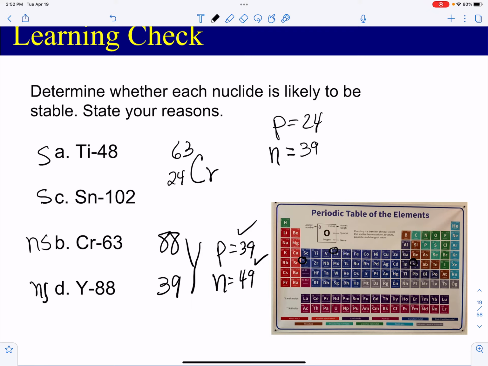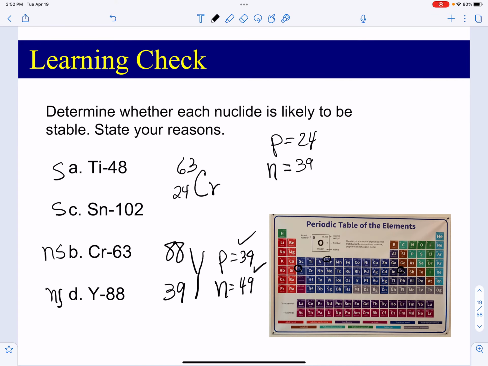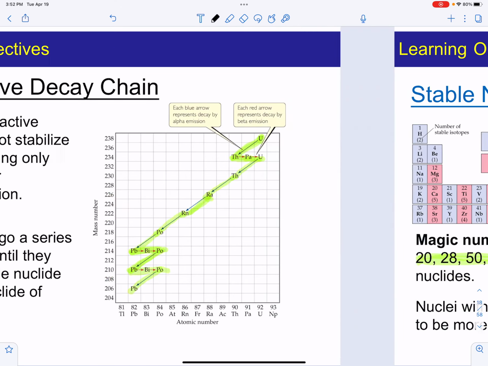So that's a very rough approach to decide if your nuclide is stable or not by using those rules that we just saw. Let's check something else. Let's check yttrium, 39 protons, 49 neutrons. Let's check the belt of stability, 39 and 49.